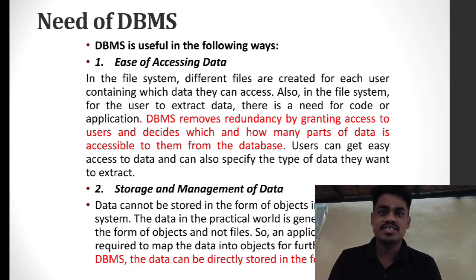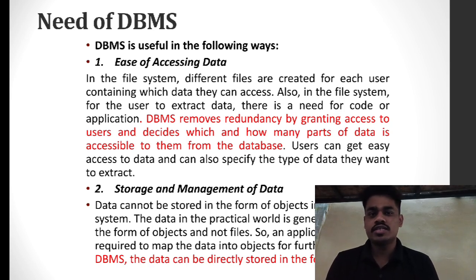First, ease of accessing data. In the file system, different files are created for each user, limiting the data they can access. Also, in the file system, for the user to extract data, there is a need of code or application. In a DBMS, users can get easy access to data and can also specify the type of data they want to extract.